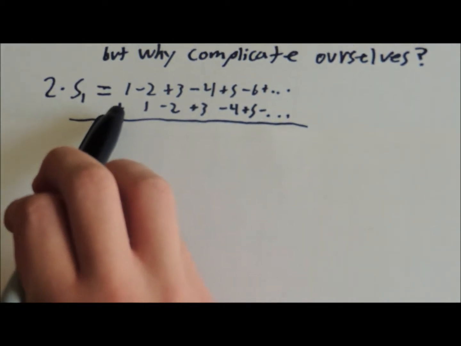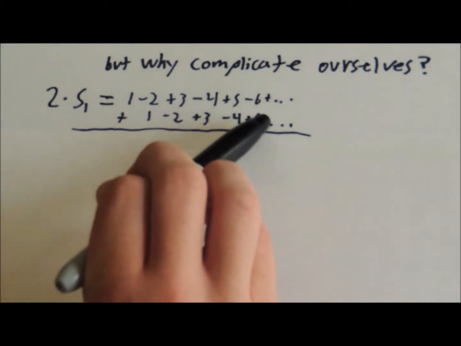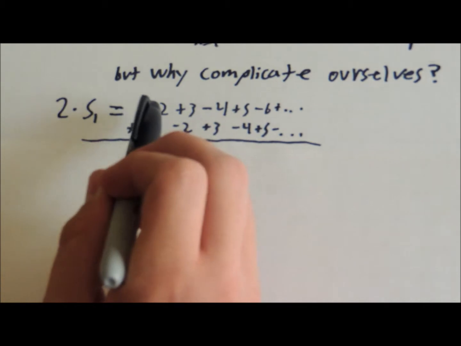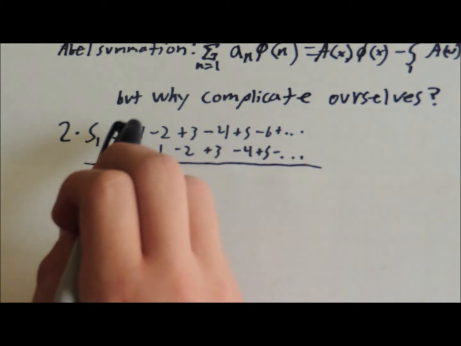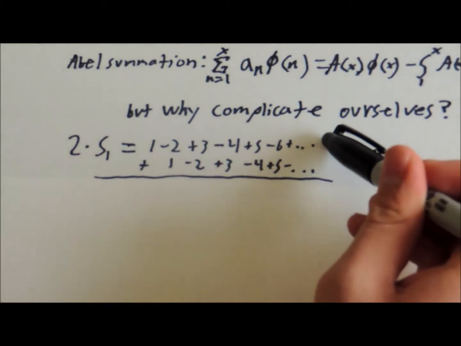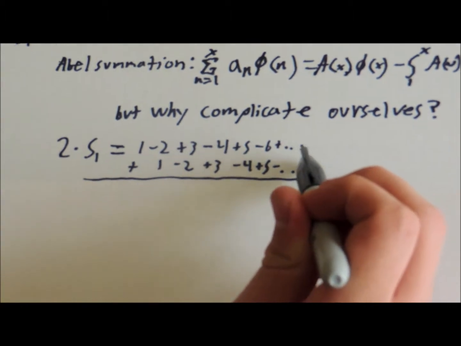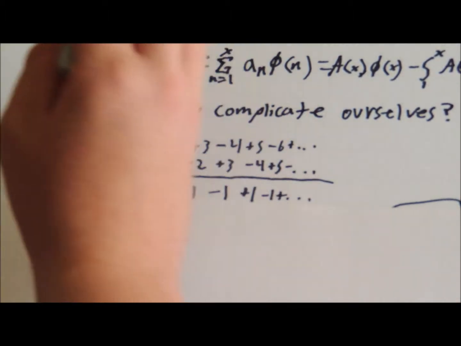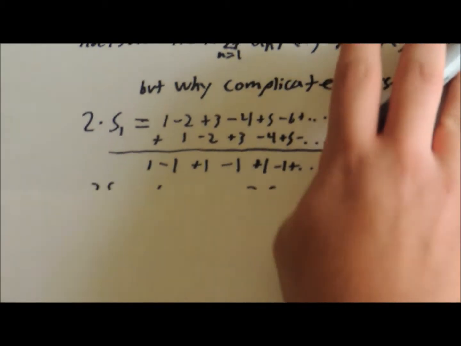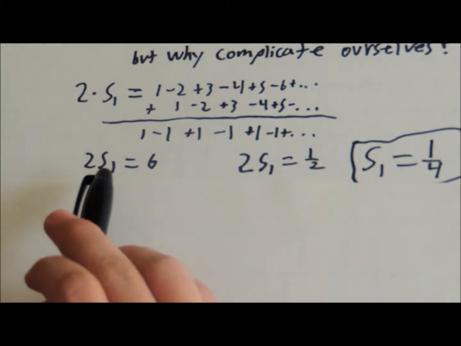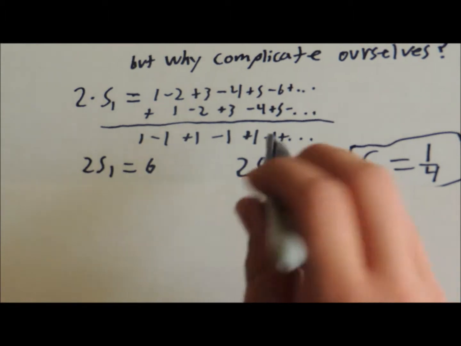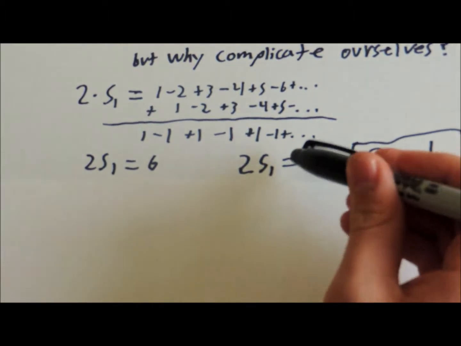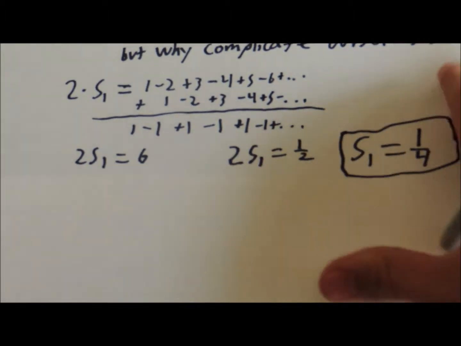But since it's an infinite series, you can shift it over one spot, and it won't change the sum. Since it all adds up to something, shifting it over is not going to change the sum. When you do that, it turns into Grandi's series, which means that 2 S1 is equal to g, and g is equal to 1/2, so S1 is equal to 1/4.